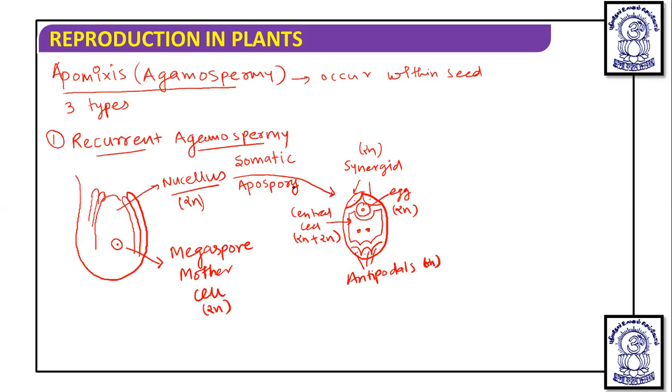And if this embryo sac develops from the diploid megaspore mother cell by mitosis, then this is known as diplospory, or generative apospory.